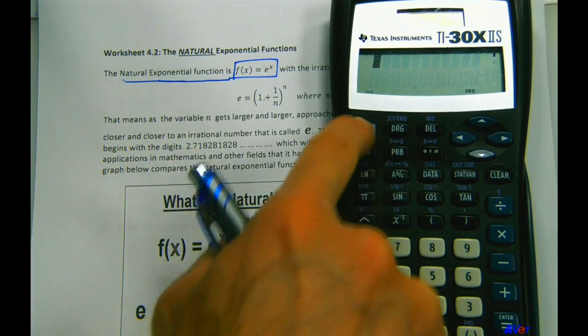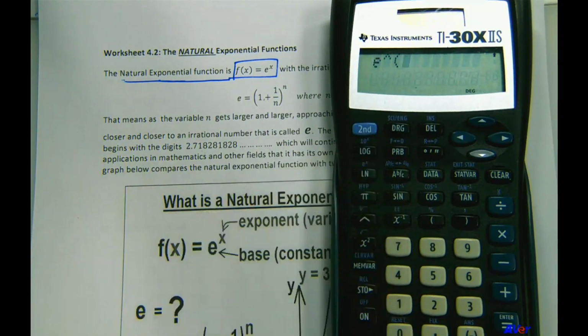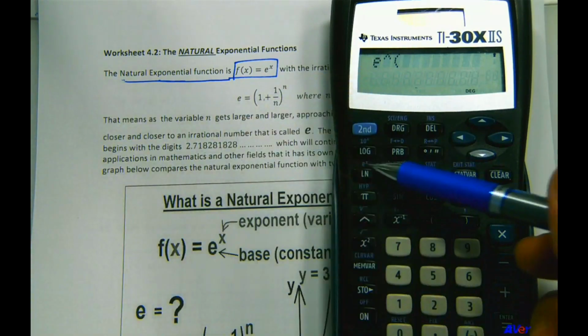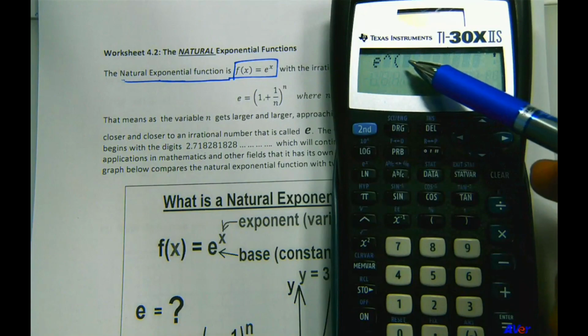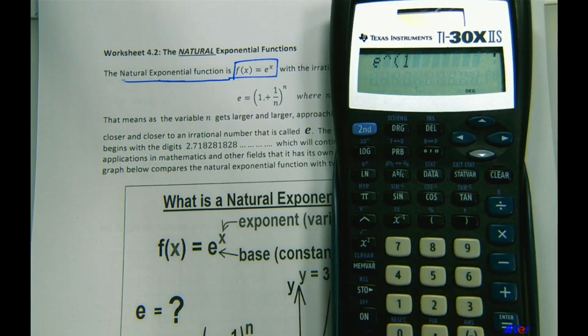Okay, so I'm going to activate the blue button e to the x by pressing second, and then e to the x. See, the x part or the variable part is left blank, so it's ready for me to enter a number. I'm going to enter 1, and close the parenthesis, and then hit enter.